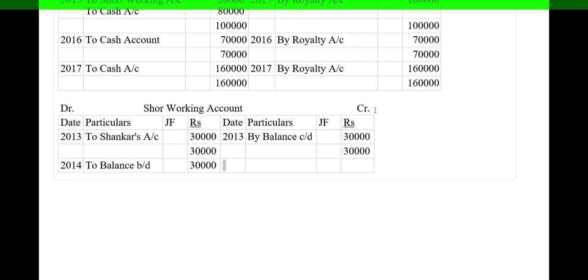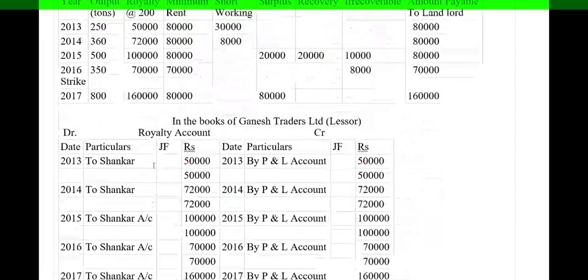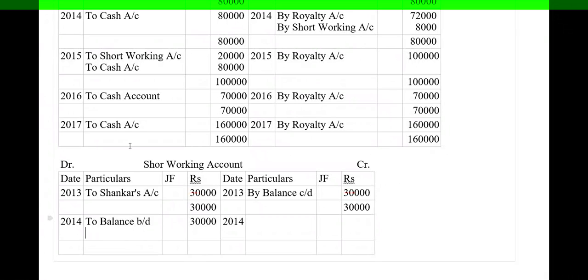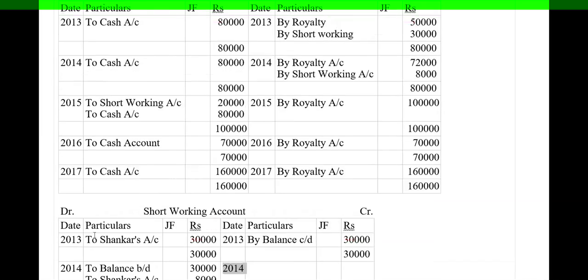In the second year also we have got the short working of rupees 8,000. You can see here 8,000. When there is a short working, then it will be short working account debit to Shankar's account. So here the short working is rupees 8,000. So this is the second year.